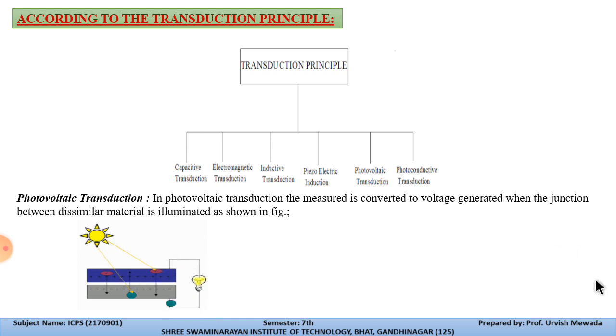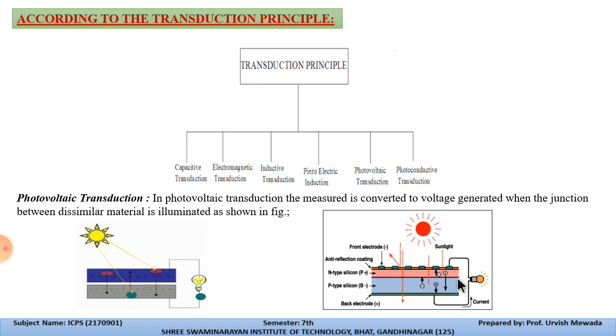Now this is the internal structure of photovoltaic transduction. As I explained, the p-type material and n-type material are the two plates, and the above surface is an anti-reflection coating. If this plate is glossy, then the necessary amount of beam will not penetrate, and it will get reflected.